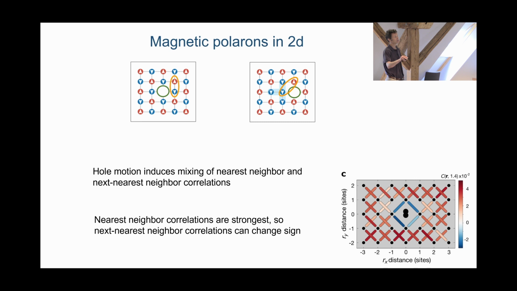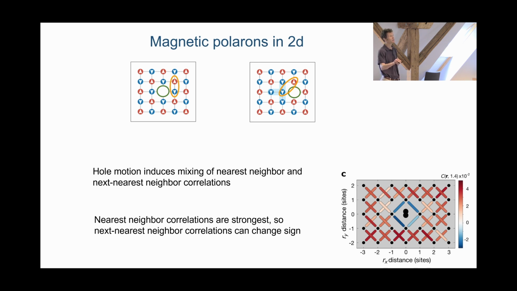Qualitatively, it's easy to understand what's happening. So this was our hole, and at this point all diagonal correlations are ferromagnetic, but as the hole moves, now you see that we get two of these diagonal pairs that have antiferromagnetic correlations.